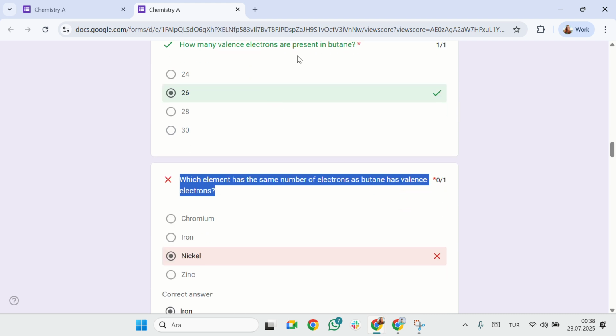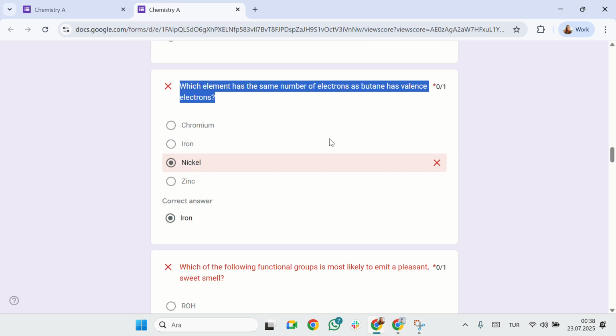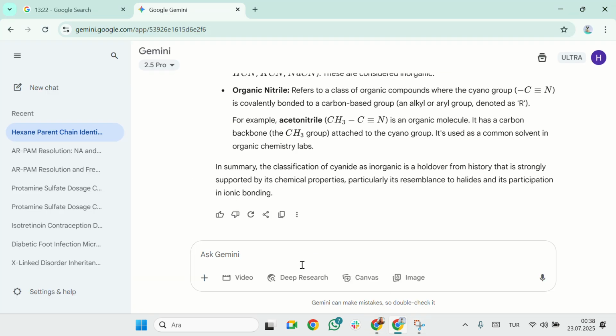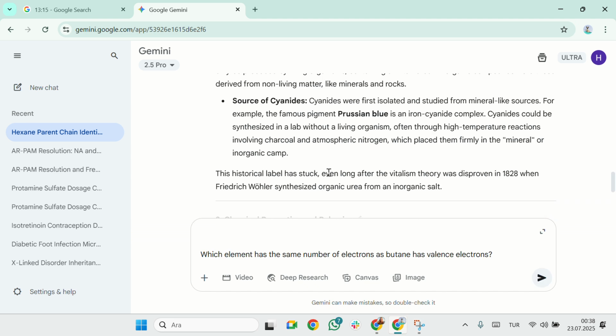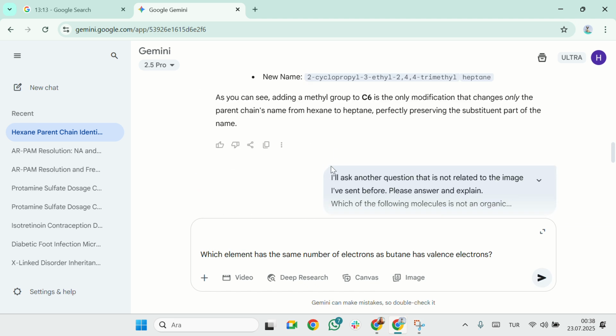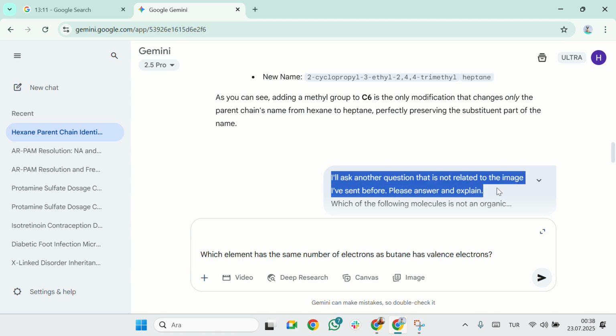I was right about the valence electrons that were present in butane, but I didn't get it from here. Okay, let's ask this. Let's ask this, but I'll say that again so that it's not confusing for the model.